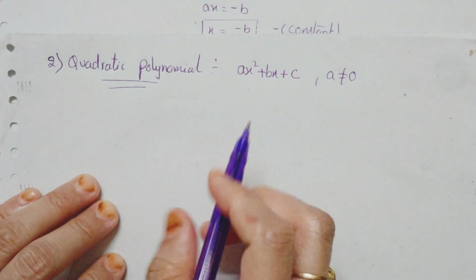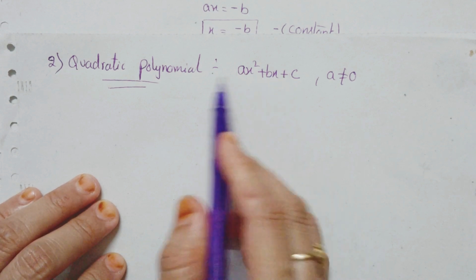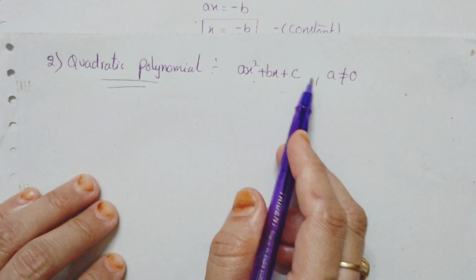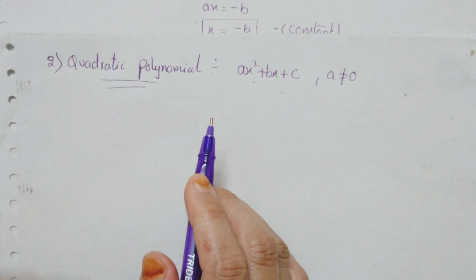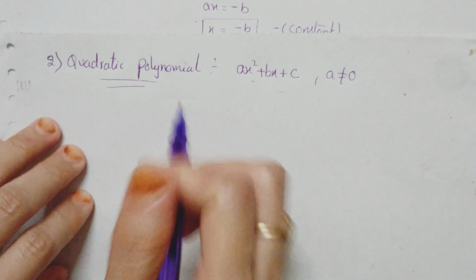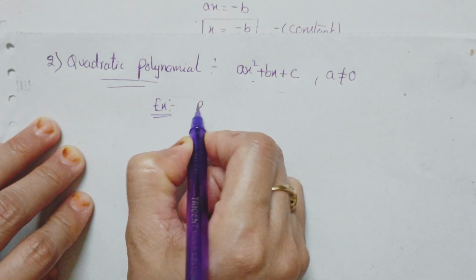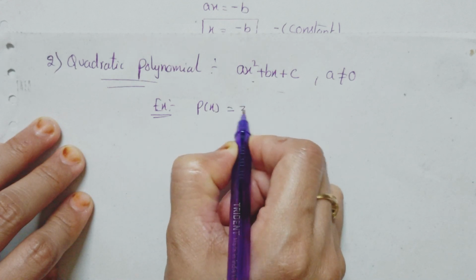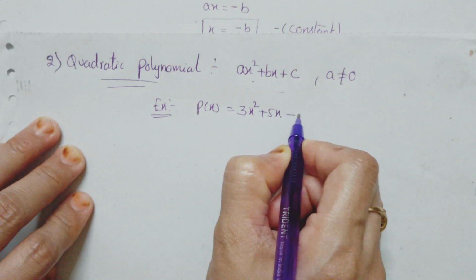Now we have to find the roots, the zeros of this polynomial. To find the zeros of this polynomial, we have to equate this polynomial to 0. Let us take an example. Suppose I have a polynomial 3x square plus 5x minus 2.